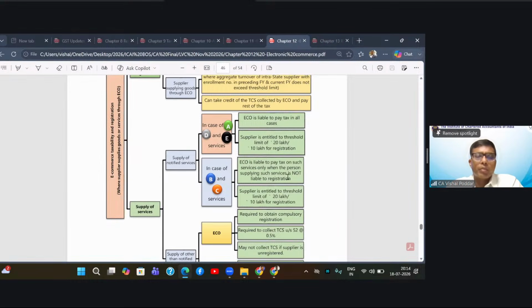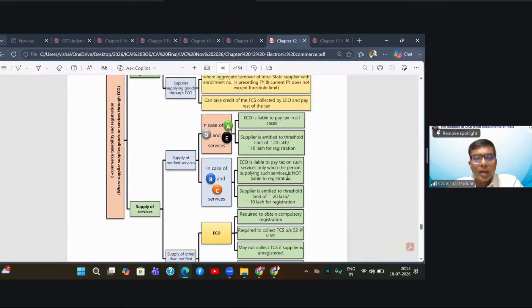Depending upon whether the notified service is A, D, or E, that will decide whether the ECO will always pay tax, or if it is B and C, then the ECO will pay tax only where the supplier is not liable for registration.